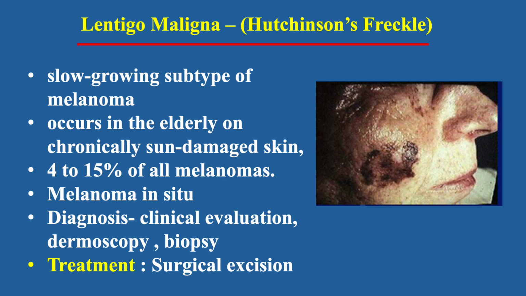Lentigo maligna was thought to be either benign, infectious, or precancerous due to its slow growth. Today, lentigo maligna is defined as a melanoma in situ on chronically sun-damaged skin. Therefore, lentigo maligna is confined to the epidermis. Surgical excision is the treatment of choice. The 5-year survival rate is 100%.